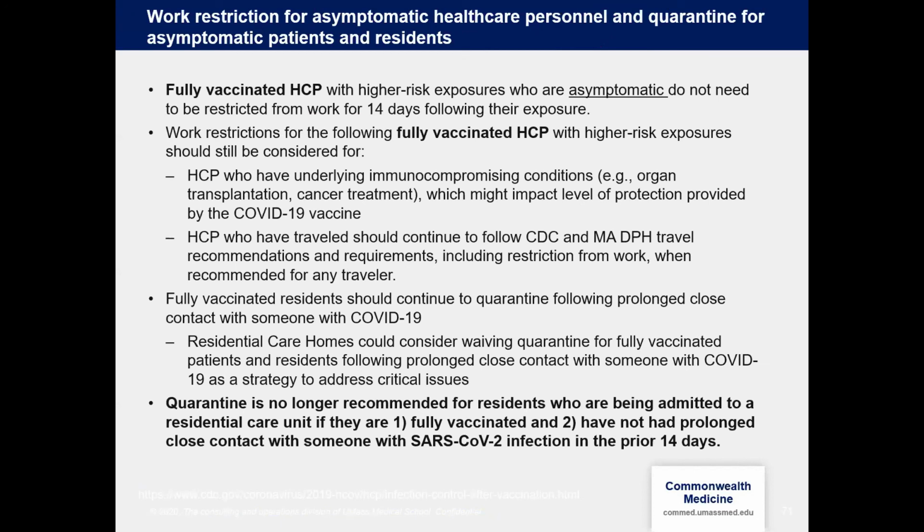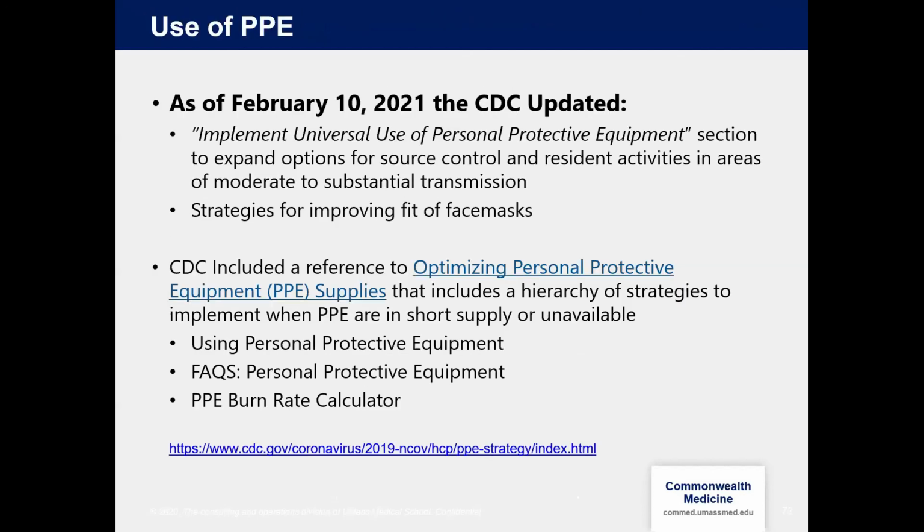Those who have traveled should continue to follow the CDC and Mass DPH travel recommendations. Fully vaccinated residents should continue to quarantine following prolonged close contact with somebody with COVID. All these guidelines are available on the CDC website and have been recently updated.